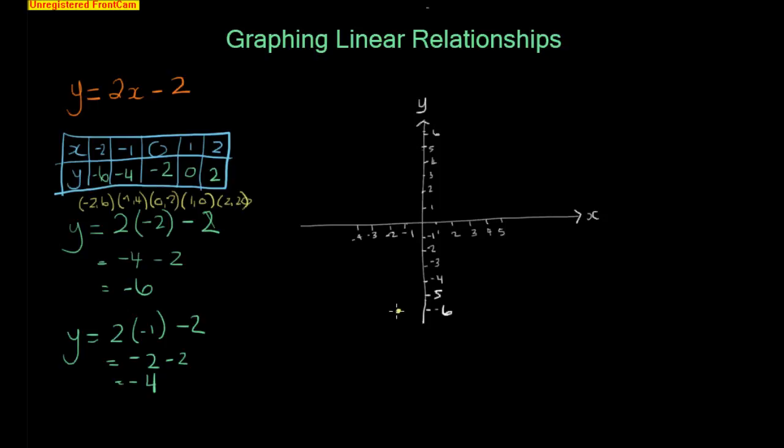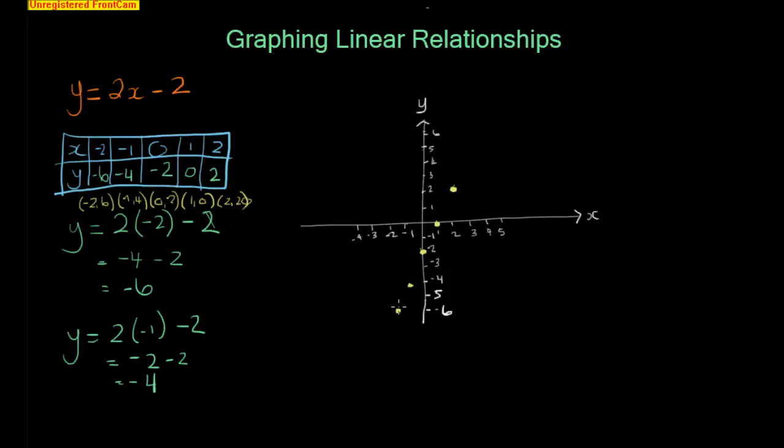There's a nice point there. We want (-1, -4), that there. (0, -2) is there. (1, 0) there. And (2, 2). This is quite a steep line. And again, last step is just to connect the dots.